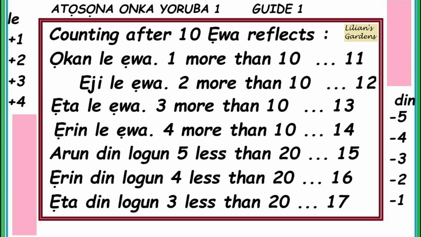Now let's go back to this number 11. Ọ̀kan lé ẹ̀wá, ọ̀kànlá. Èjì lé ẹ̀wá, èjìlá. Ẹ̀ta lé ẹ̀wá, ẹ̀tàlá. Ẹ̀rin lé ẹ̀wá, ẹ̀rìnlá. You can say lé. That means the lé are 4 times.